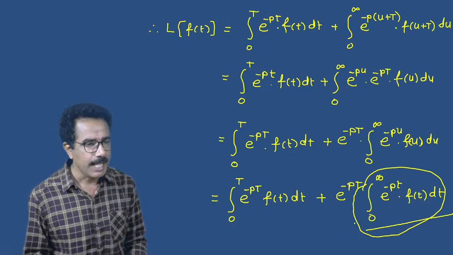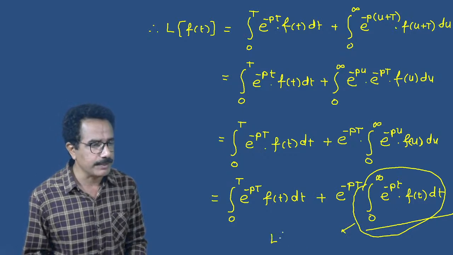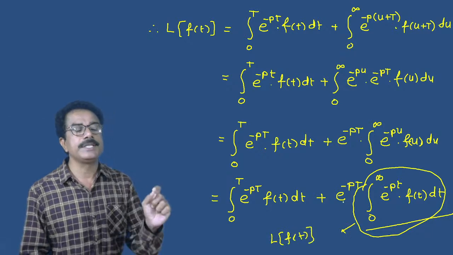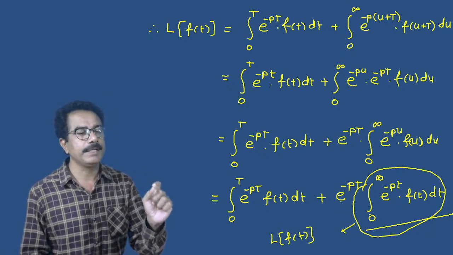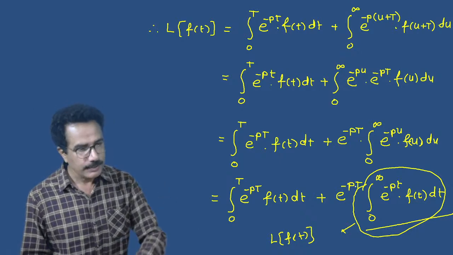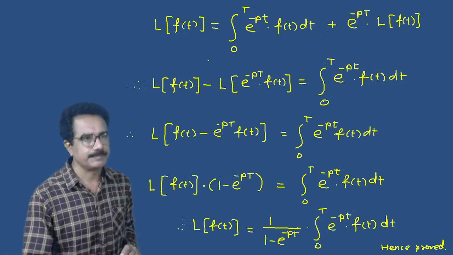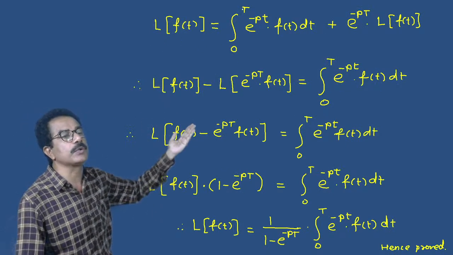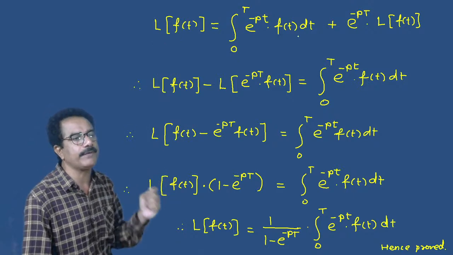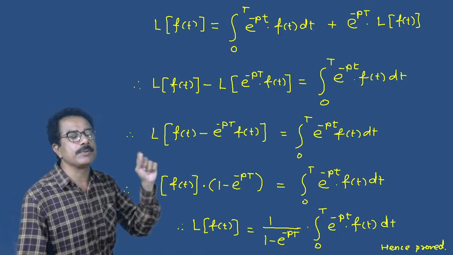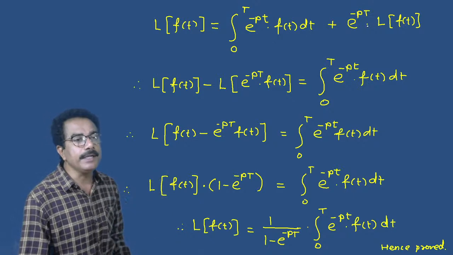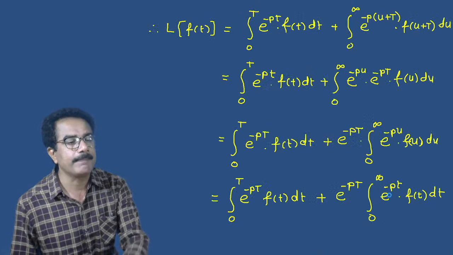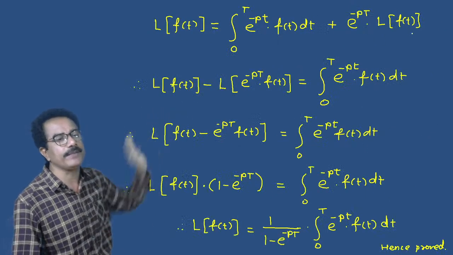We can write this as the Laplace transformation of f of t, and keep this e raised to minus pT as it is. So our next equation becomes: Laplace transform L of f of t is equal to the integral from 0 to capital T of e raised to minus pt f of t dt plus e raised to minus pT into, in place of this we can write the Laplace transformation, that is L of f of t.